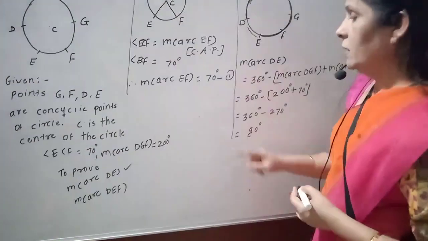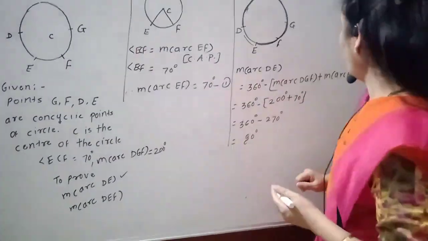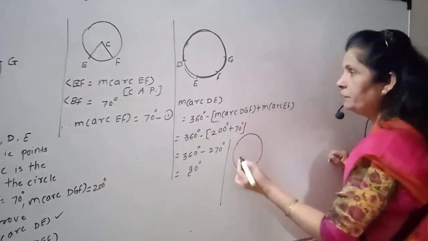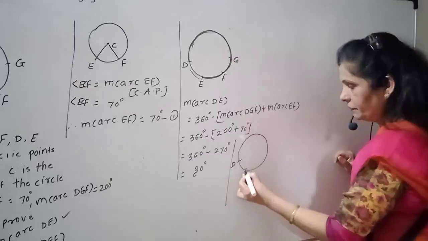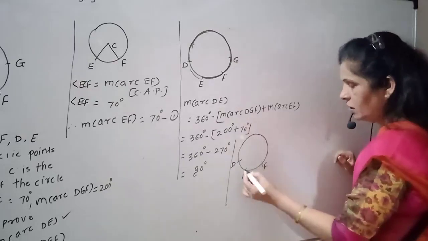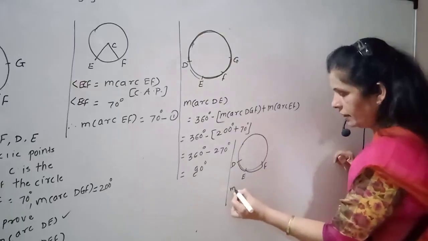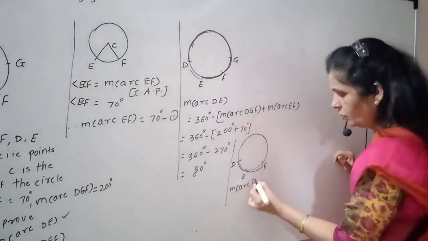Now finally we will find out measure of arc DEF. Again I will draw a figure here. To get the measure of arc DEF, what will I do?